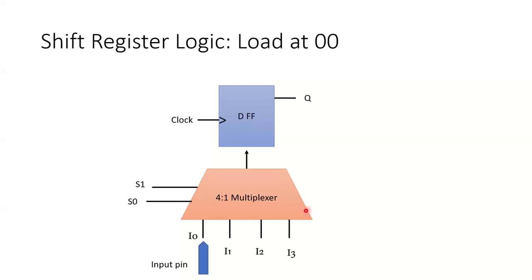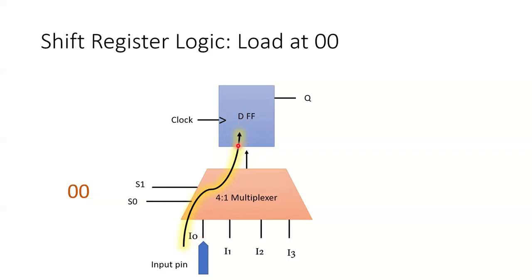Now let's see how these operations are being performed. So suppose you want to perform the load operation at 0, 0, right? So if you press 0, 0 at the select lines, you should be able to upload the data into the D flip-flop, right? So what you're doing is you're connecting an input pin to the line input 0, and as soon as you give 0, 0 at the select lines, your input 0 gets connected to the output, and then the data flows from input 0 to the D flip-flop.